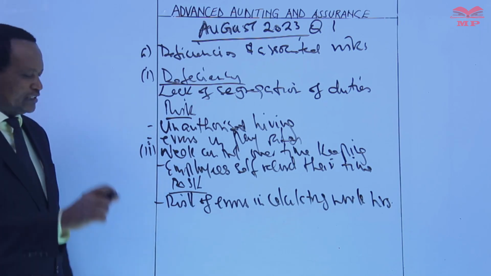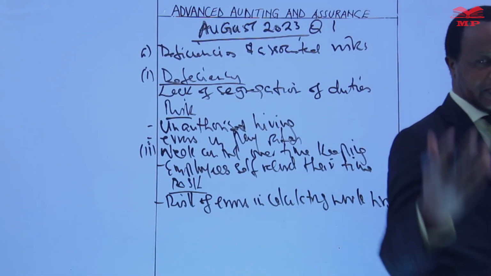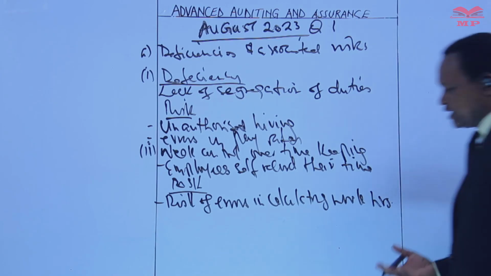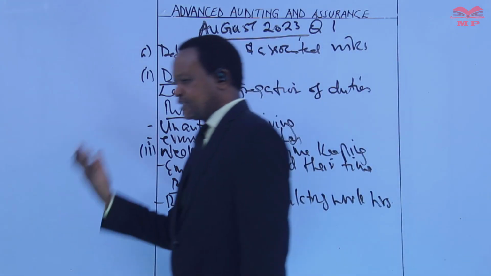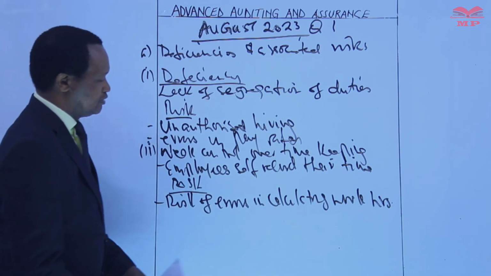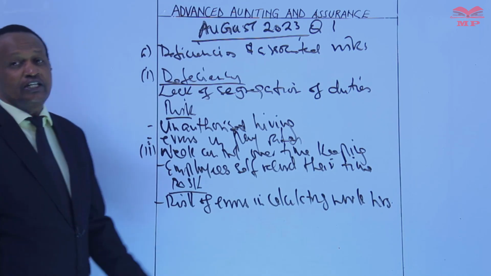There's that risk that there will be errors because employees are recording their time without any control, without any check. No one is counter checking, because ideally you would have someone else recording their time if there is no automated system where employees can check in and their data is captured electronically.